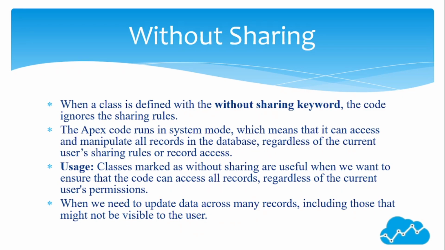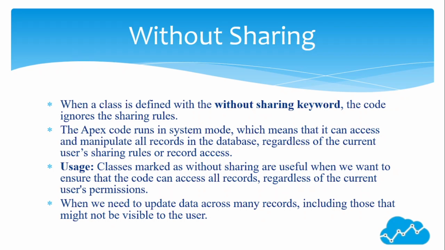Without sharing. When a class is defined with the without sharing keyword, the code ignores the sharing rules. The Apex code runs in system mode, which means that it can access and manipulate all records in the database regardless of the current user's sharing rules or record access. Uses.